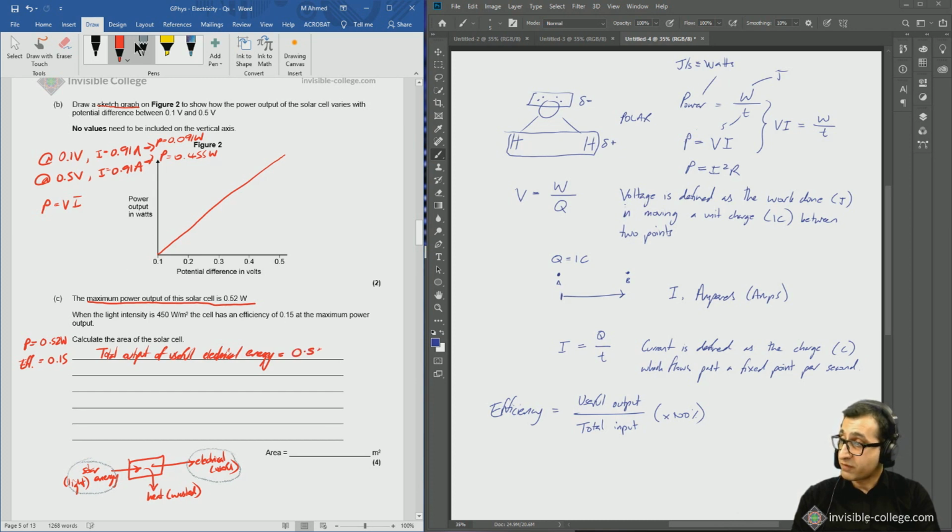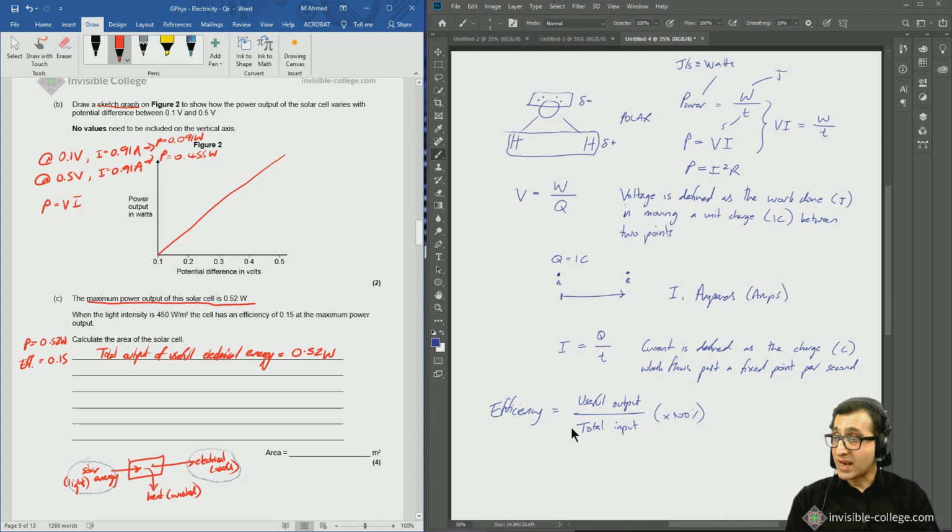This is 0.52 joules per second output. That's this one. But the total energy input is unknown. Or rather, the total energy input is 450 watts per meter squared.